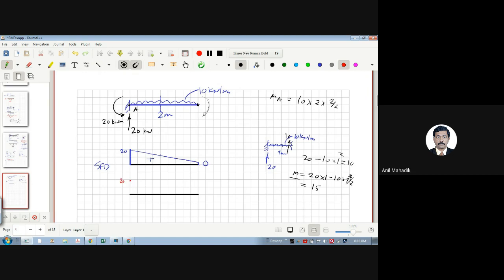So this is the value 20. How much will it be at the free end? 0. And what is this diagram? Parabola. Negative value, correct? So this is your BMD. Got this?